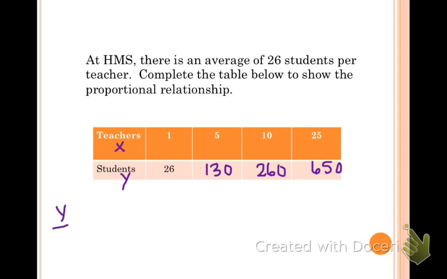So our y to x is 26 over 1. Our equation is then y = 26x. So no matter what changed in x, all we had to do was take that number times 26, that constant of proportionality, to get the new answer.